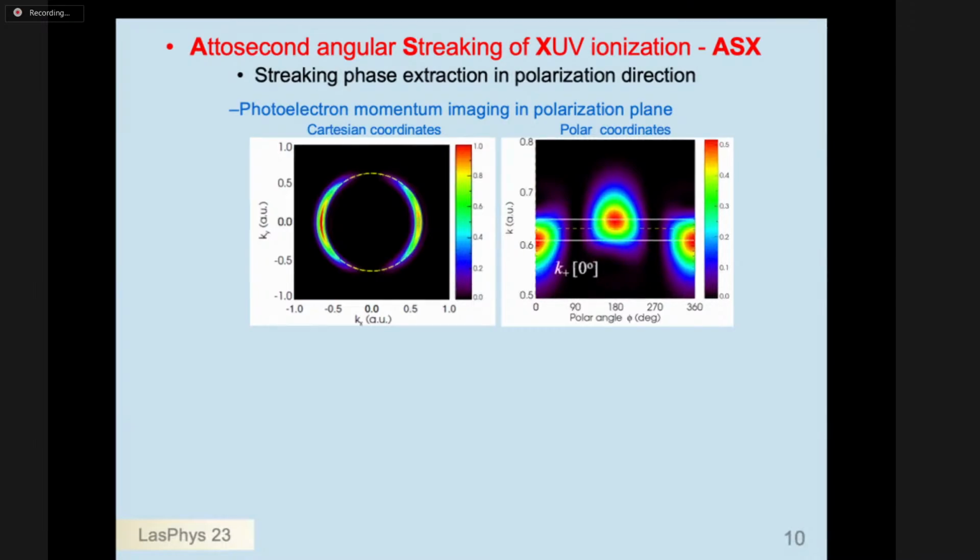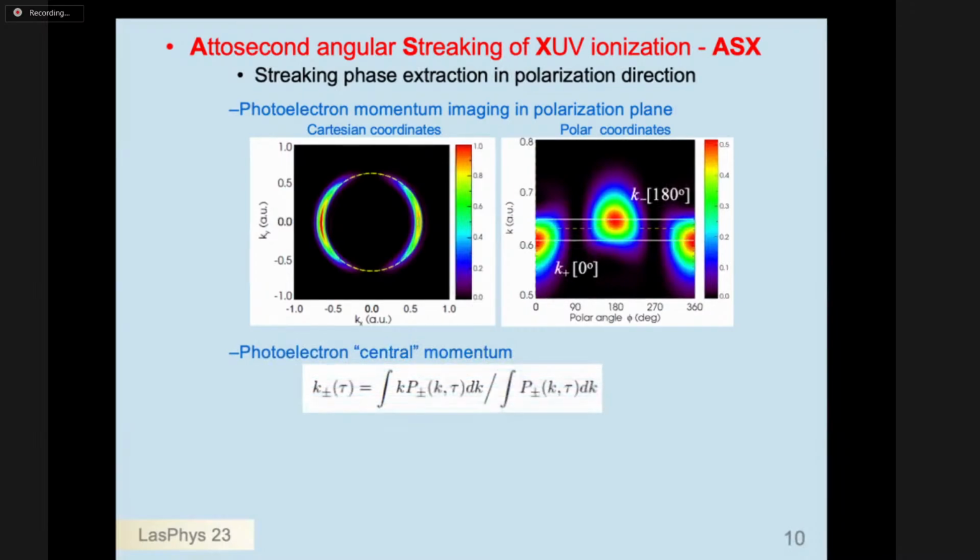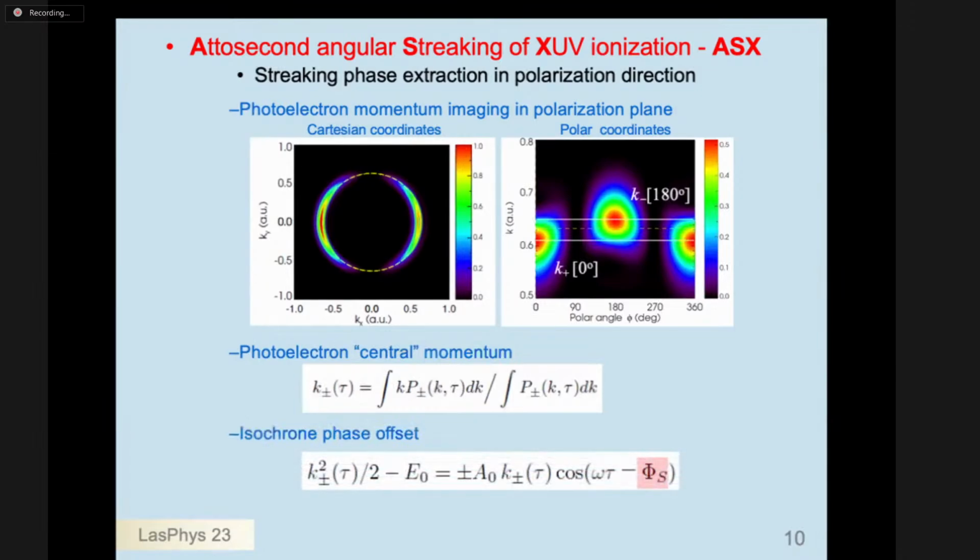Now, we introduce the central momenta, K plus and K minus, which correspond to 0 and 180 degrees, and look at the isochron equation specifically for 0 and 180 degrees.